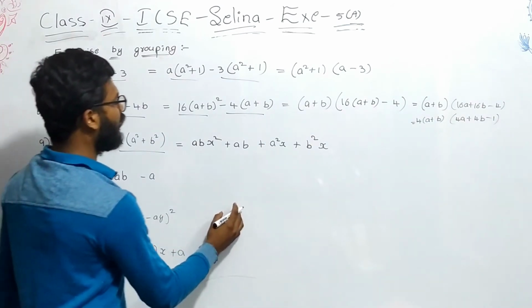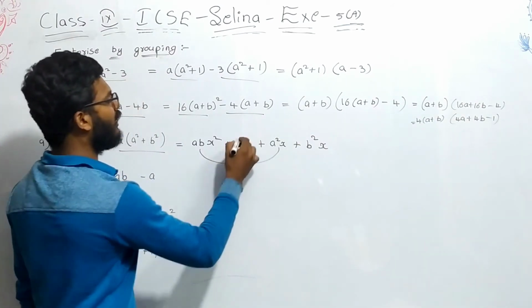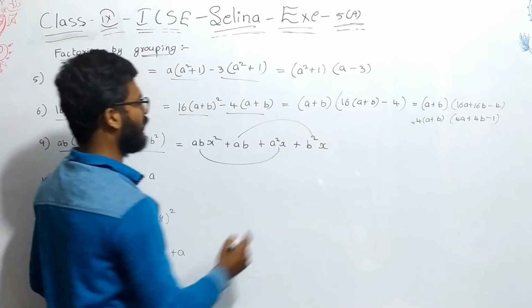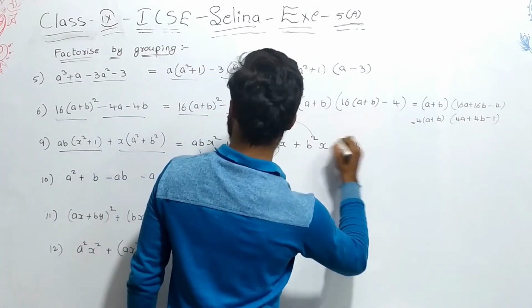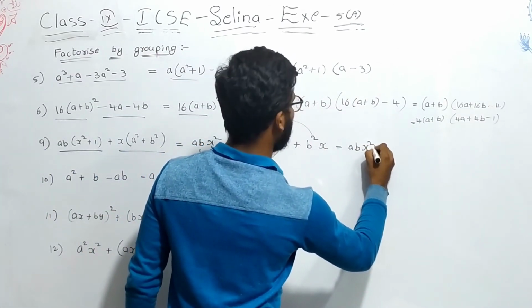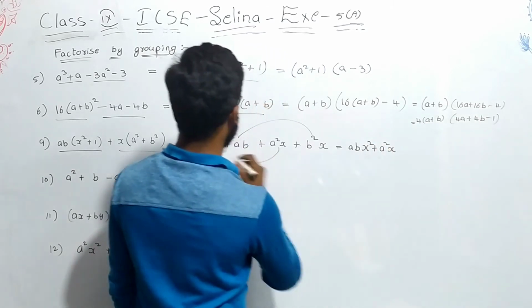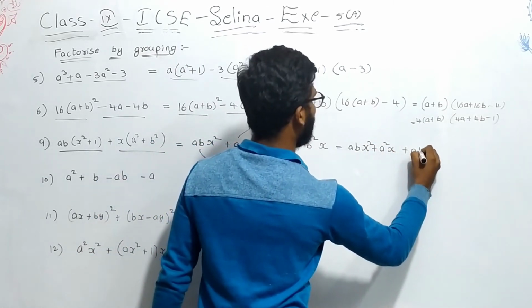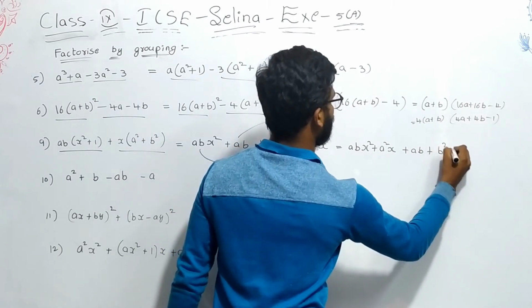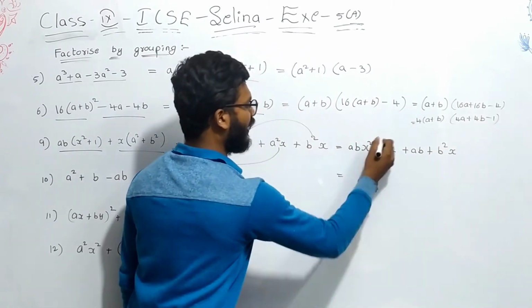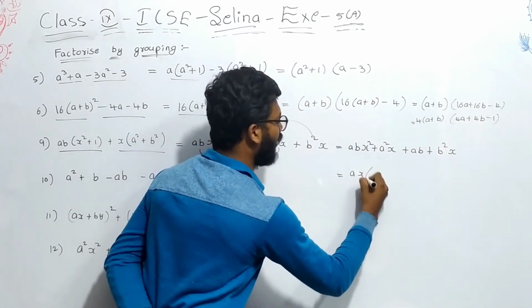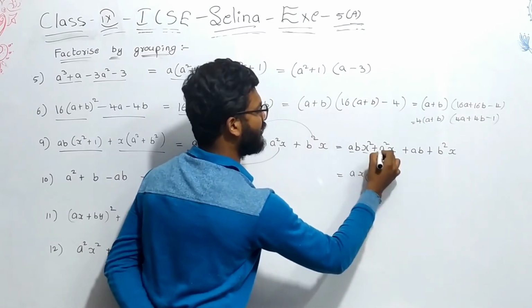Now, see, from these two and these two, I can group like this, right? So, AB x square plus A square x, next plus AB plus B square x. See here, if I take Ax common, A and x is common, here A and x is common.